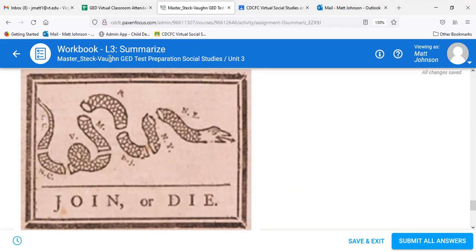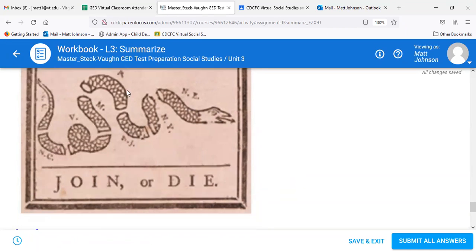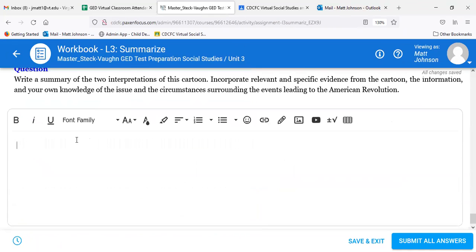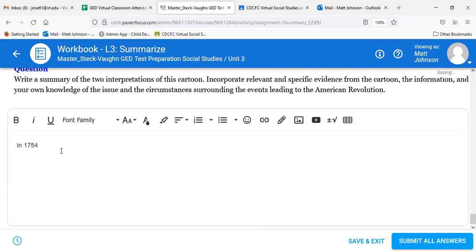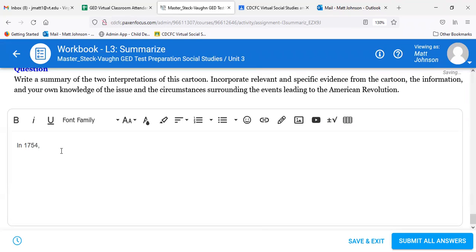Okay, so we'll put it together. We really should start with the date, because it's important here all the time. In 1754, Benjamin Franklin's Join or Die political cartoon was published and had two interpretations. Slow down. In 1754. Okay.